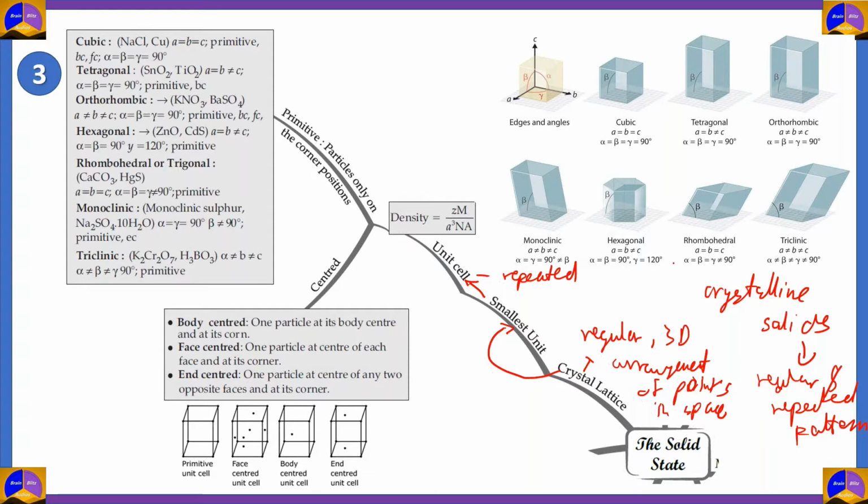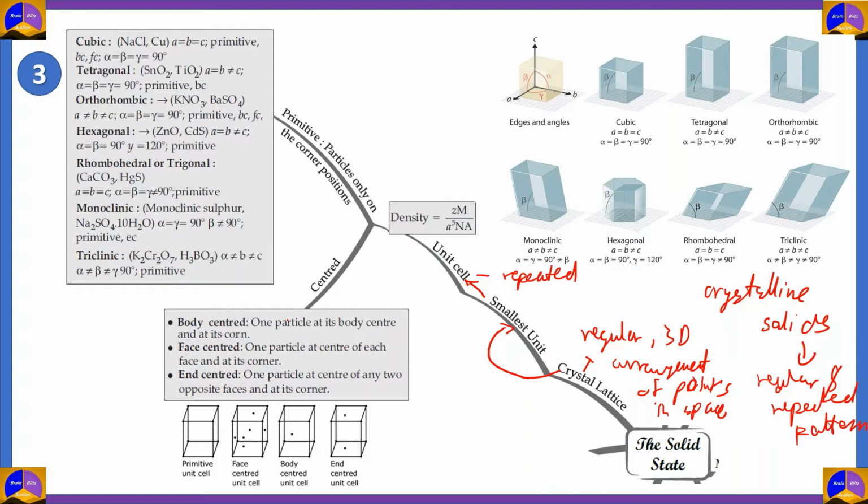Unit cells have many types. On the basis of their centers, we can classify them as primitive, body-centered, face-centered, and end-centered. Other than that, there are also other kinds of lattices, such as the Bravais lattice, where 14 kinds of unit cells are possible.